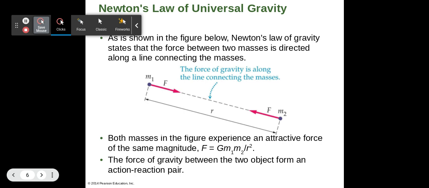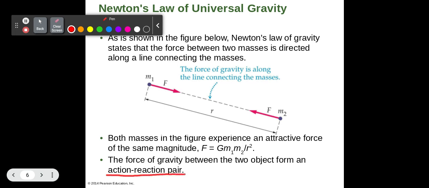As you see in the figure below, Newton's law of gravitation states that the force between two masses is directed along a line connecting those two masses together. Both masses in the figure experience an attractive force of the same magnitude, given by the formula that we just saw. The force of gravity between those two objects forms what's called an action-reaction pair.